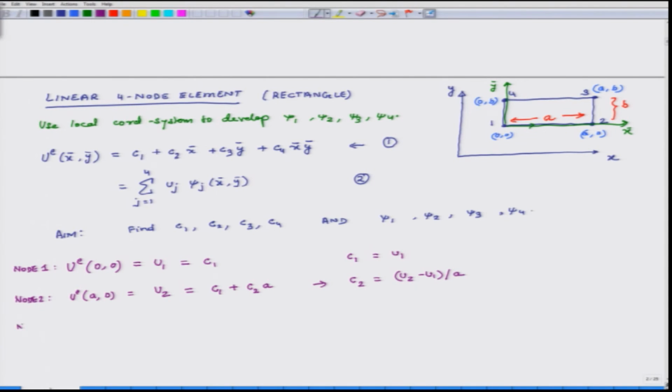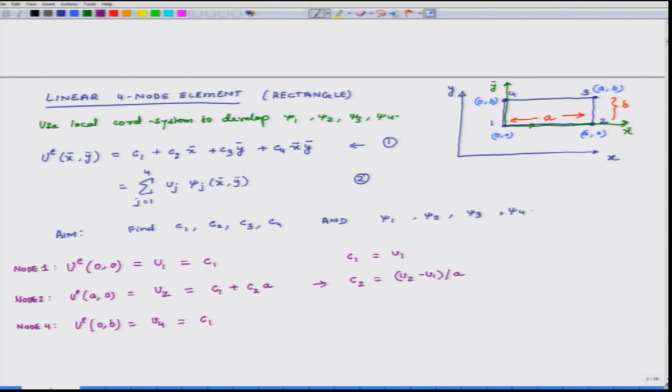Next we go to node 4. For node 4, the coordinates are 0 and B, and the value of U at node 4 is U4, and this equals C1, and at node 4 x bar is 0.